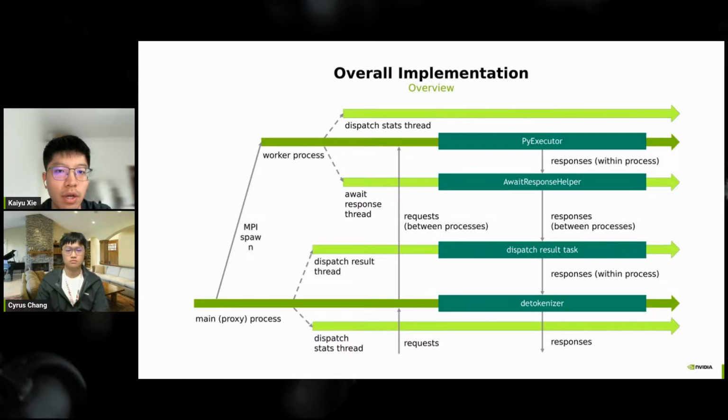And if the request is given to the PyExecutor, it will launch kernels and finish the calculation needed. For example, for LLMs, output IDs are going to be generated, and responses are going to be generated by TensorRT-LLM.